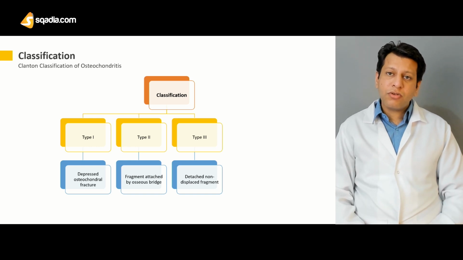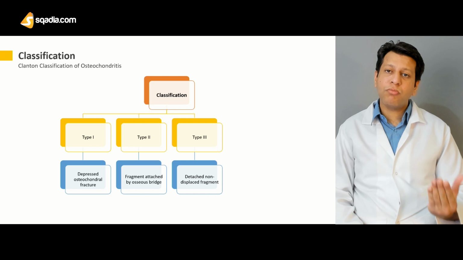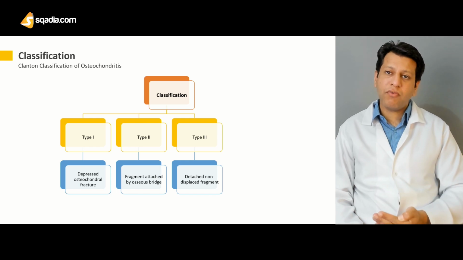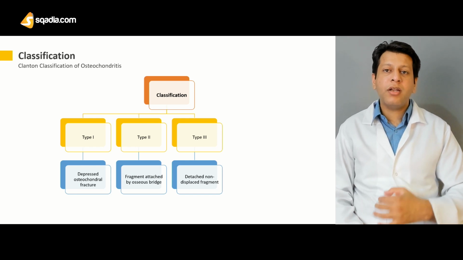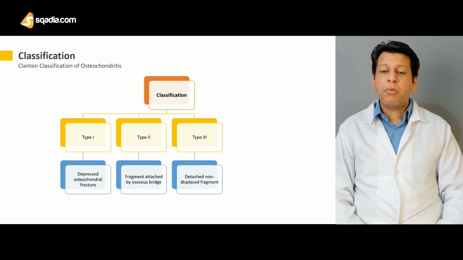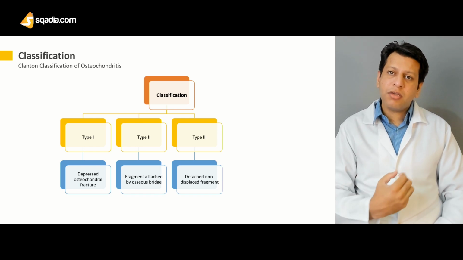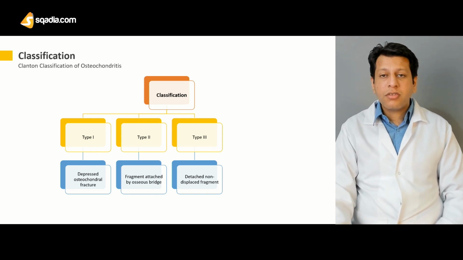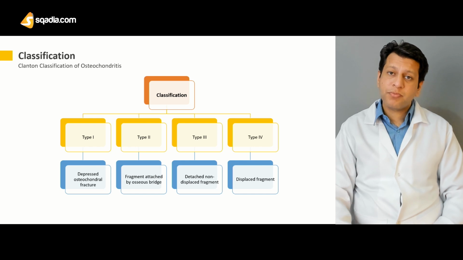The reason is there is no attachment to the underlying subchondral bone, and some part of the cartilage and subchondral bone is completely detached from the main femoral condyle, but it has not displaced into the joint and formed a loose body. But when that stage occurs, that it gets detached, becomes unstable and goes into the joint, this is termed as type 4, in which there is a displaced fragment forming a loose body.